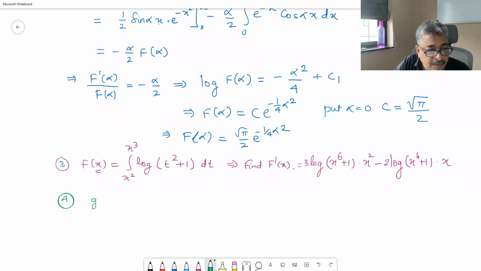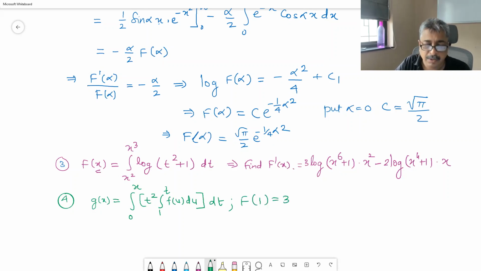G of x is equal to integral 0 to x t square integral 1 to t f of u du, bracket complete, dt. f of 1 is equal to 3.